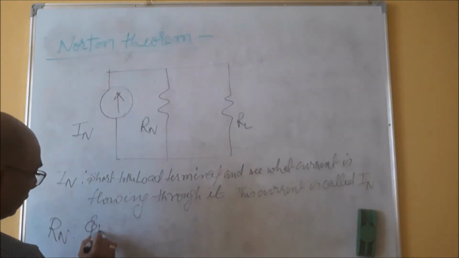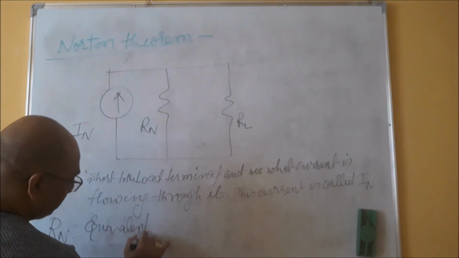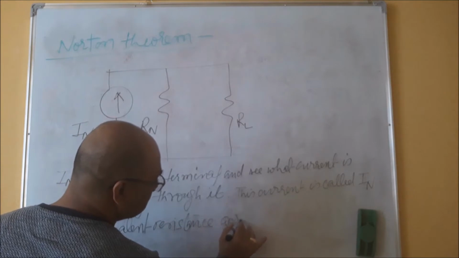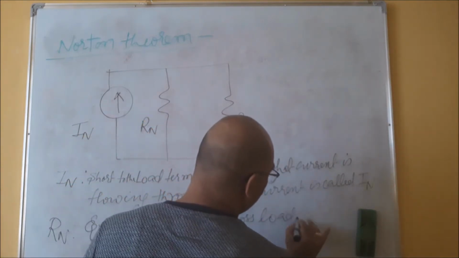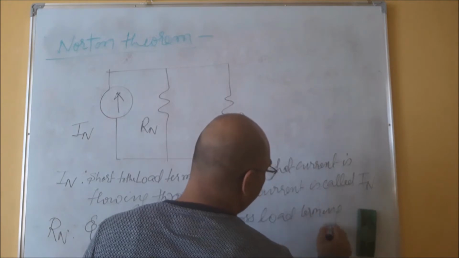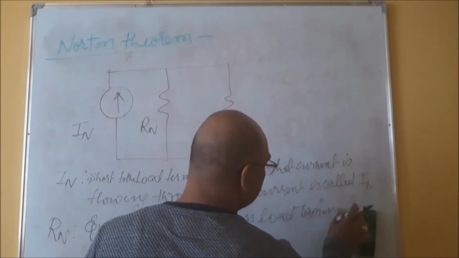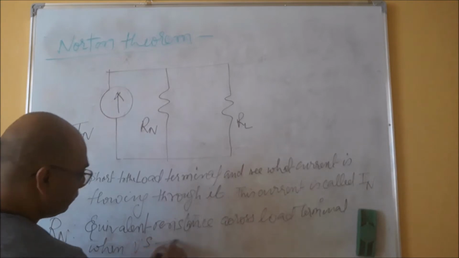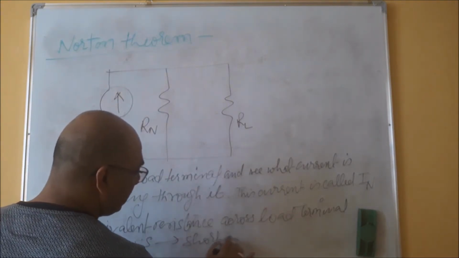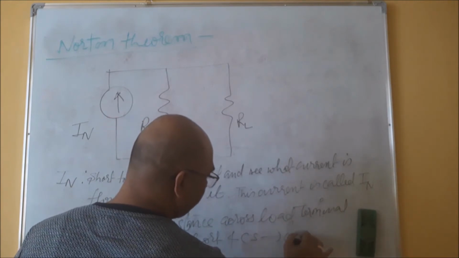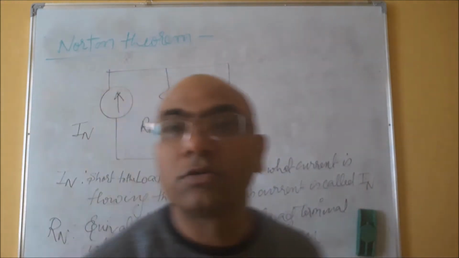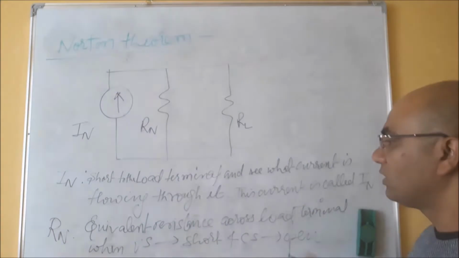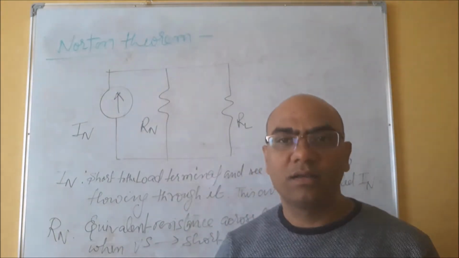So the equivalent resistance across the load terminals, when voltage sources are short and current sources are open, is called RN. I hope it is clear.